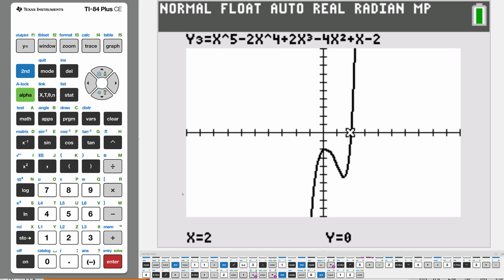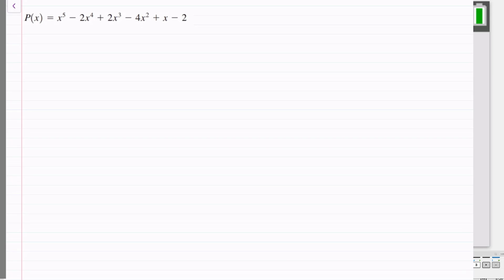So let's switch back to the iPad here. Okay. So we'll do a little bit of synthetic division here, and hopefully we get a multiplicity that's greater than 1, but we'll have to see.